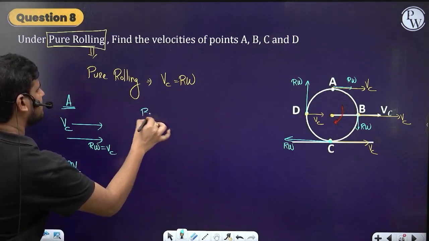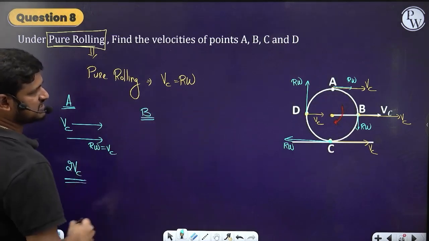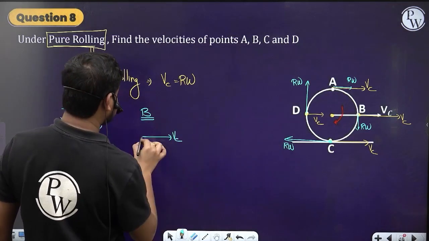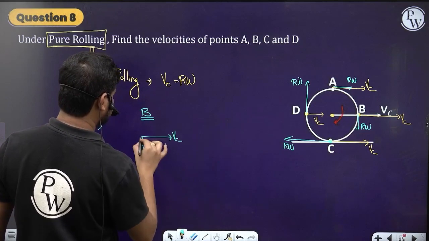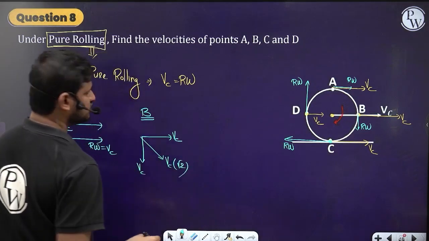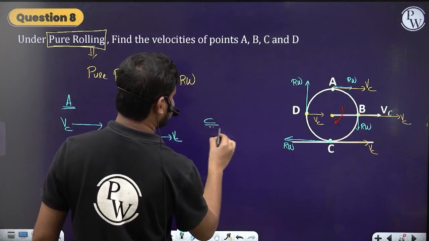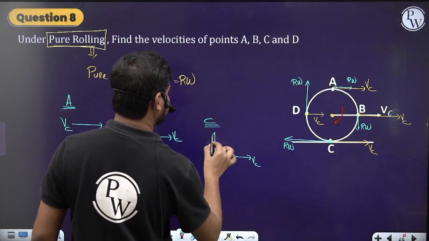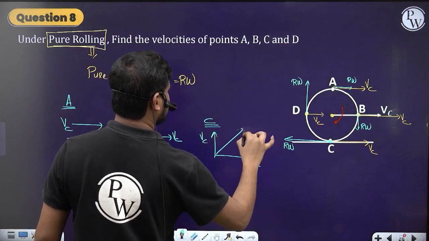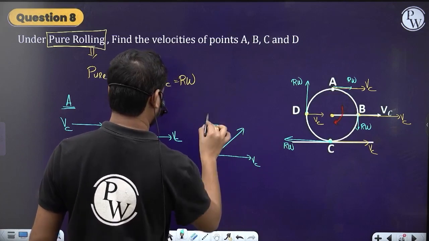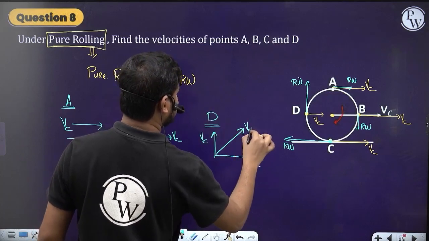Now coming to the B case, Vc is acting this side, and r omega means again Vc is acting this side, so it is Vc root 2. In the D case, it is Vc root 2 again.